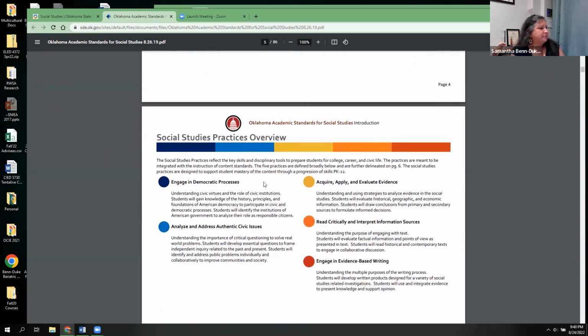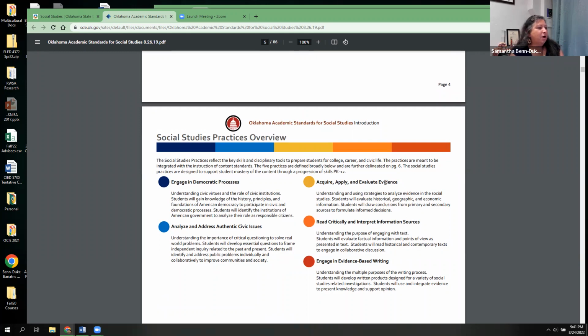Then we have the practices overview that we see throughout the grade levels. And we see the first 3 that have to do with the civics and democratic process, and then analyzing authentic civic issues, evaluating evidence, and then reading and interpreting information, and evidence-based writing.